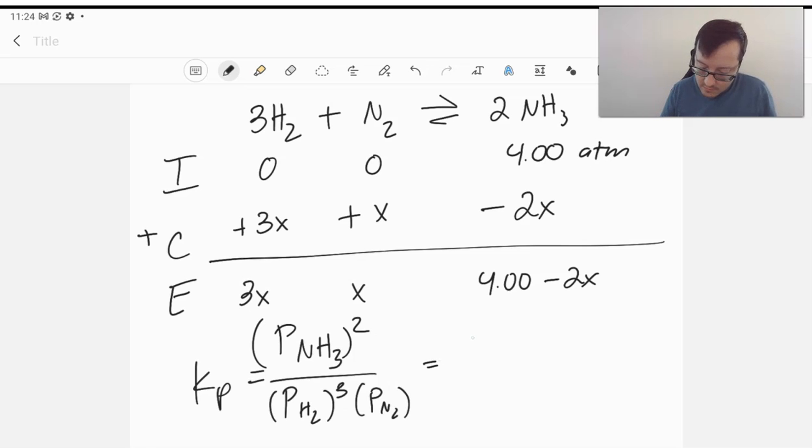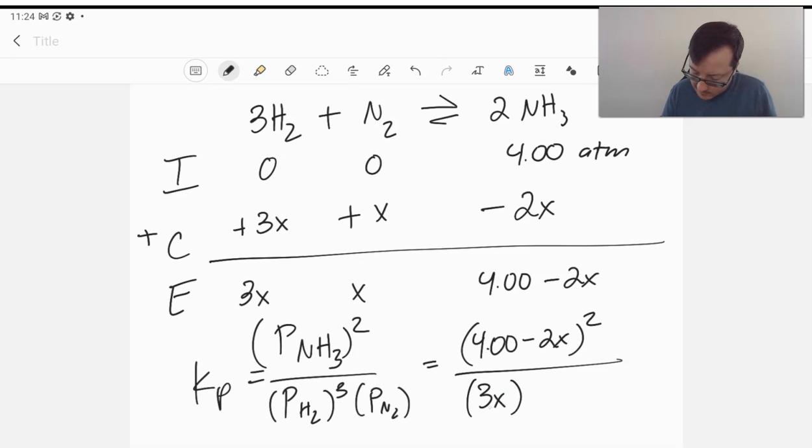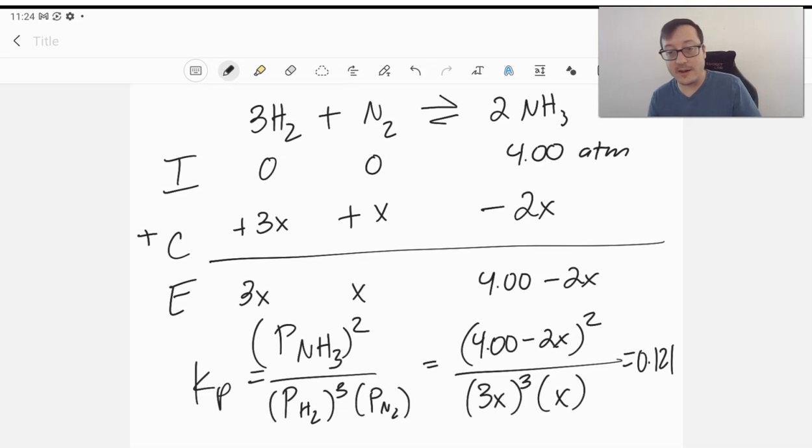We know that we have 4.0 minus 2x squared. We have 3x cubed, and then we have x. And we know that all of this equals 0.121. That's a mathematical value. So we only have one variable now. It's a giant pain in the butt to solve this variable, but we can.